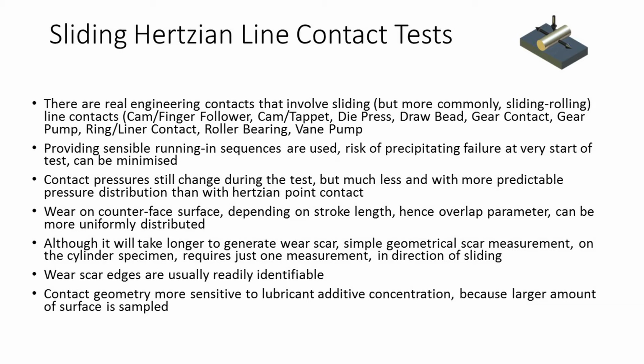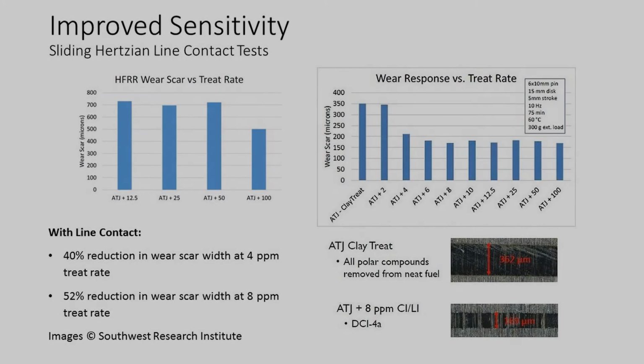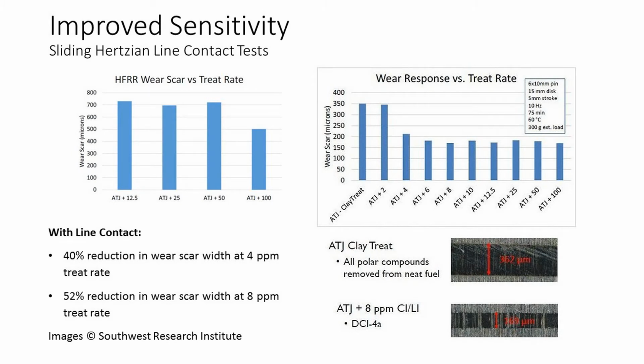The contact geometry is more sensitive to lubricant additive concentration because a larger amount of surface is being sampled. The following examples, comparing fuel lubricity tests run with point and line contact geometries, courtesy of Southwest Research Institute, illustrate the improved sensitivity of the latter over the former.